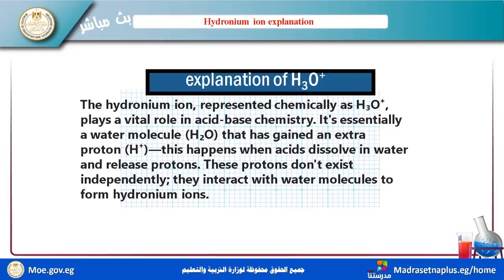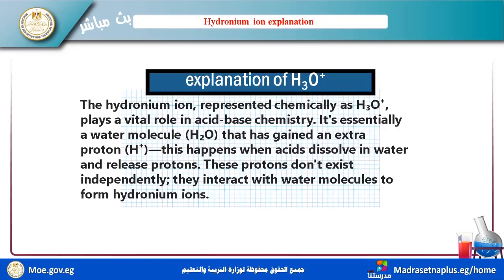This happens when an acid dissolves in water and releases protons. These protons don't exist independently; they interact with water molecules to form hydronium ions. But I want to note very important things.